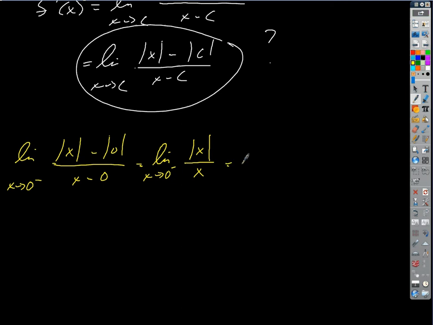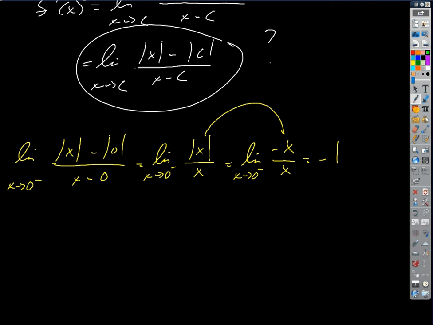So then this looks like the limit of what? What's on the top? Negative x over x as x approaches 0 from the left. That is 0 over 0, isn't it? But that reduces to negative 1, doesn't it? Okay? Make sense?